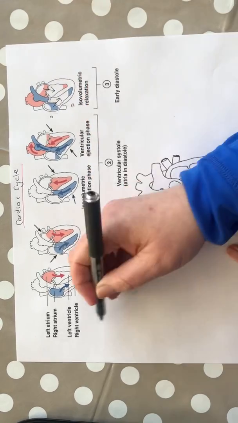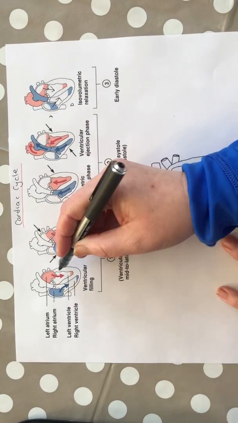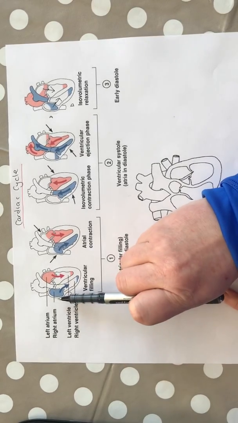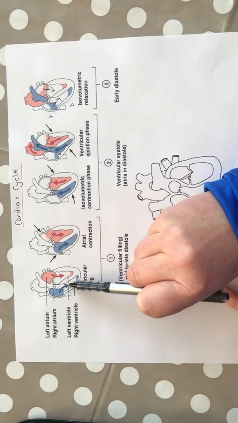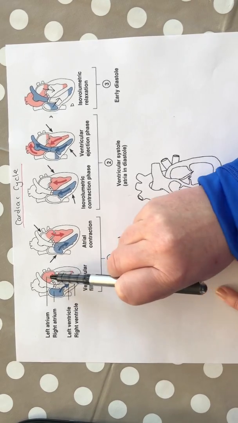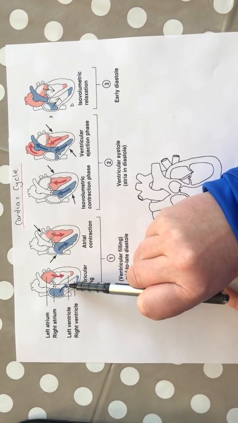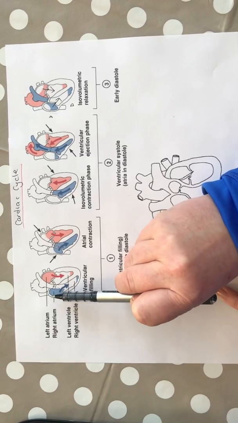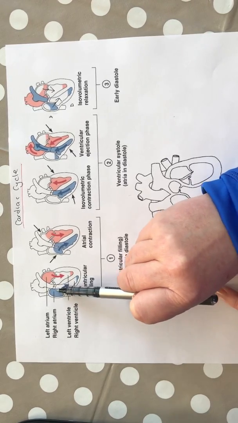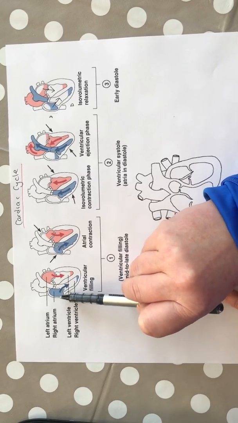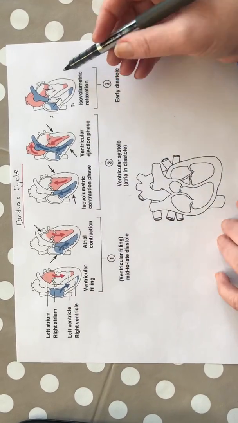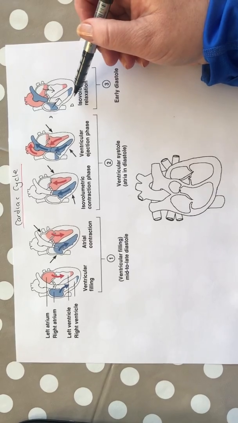So we go from here back to the beginning, and in here you've again got passive filling of the ventricles. So the blood is going from here into there. Now, because the blood is going from here into there and the valves are open, you have not got isovolumetric filling. Over here, you've got isovolumetric relaxation.